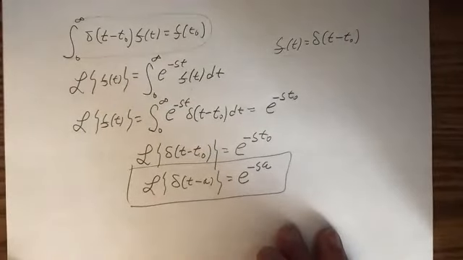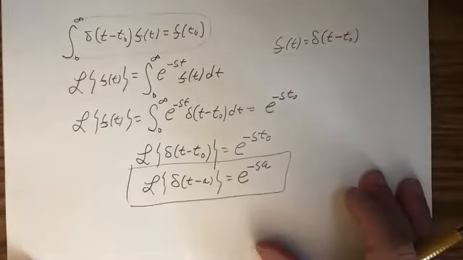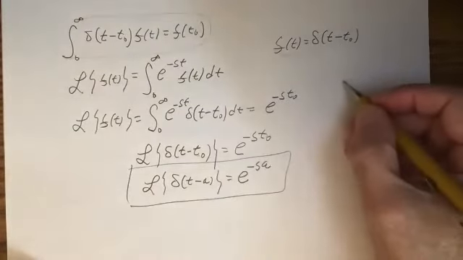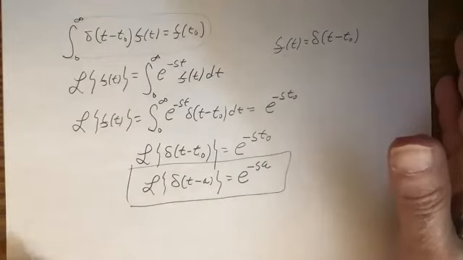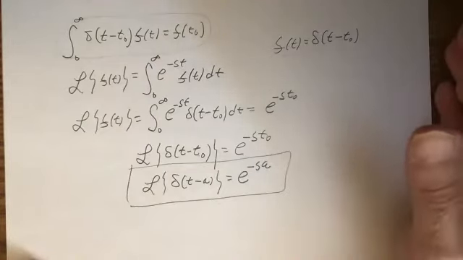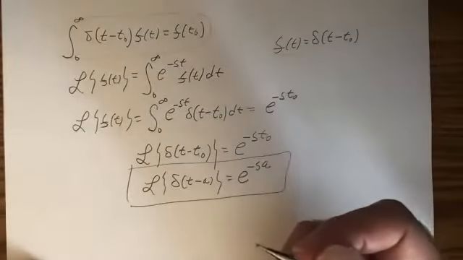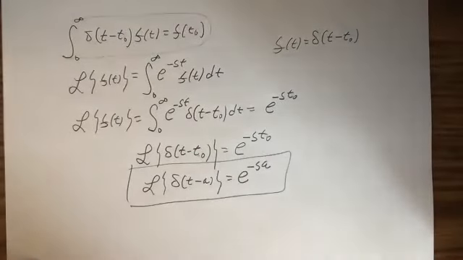Why do we want to use the Dirac delta function? Well, suppose we have a spring mass system and we hit it with a hammer. We'll probably solve that problem tomorrow. Then we have a very short impulse, and we can model that behavior with the Dirac delta function.